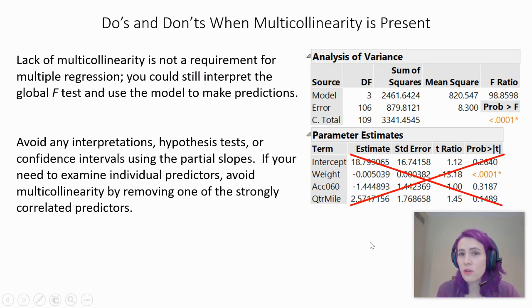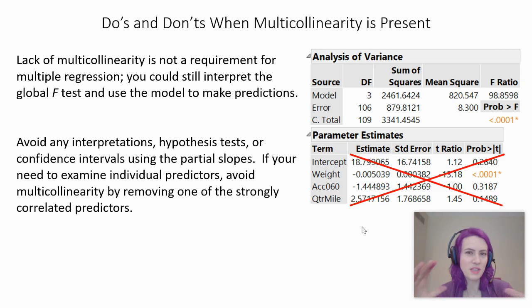All right. So multicollinearity doesn't mean that your model is garbage and needs to be thrown out, and you can't use all your predictors. But it does mean that you can't really interpret these partial slopes one at a time. So we can still look at the model as a whole and say this whole model, as a package deal, is useful at predicting. You can peek at these estimates to come up with the prediction expression and plug in numbers to make your predictions.